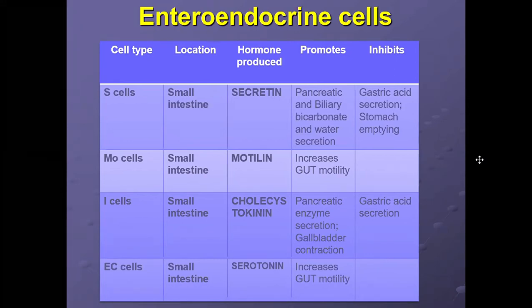It inhibits gastric acid secretion and stomach emptying. Motilin increases gut motility. Cholecystokinin: pancreatic enzyme secretion, gallbladder contraction, and inhibits gastric acid secretion. Serotonin increases gut motility. Please take note of this.